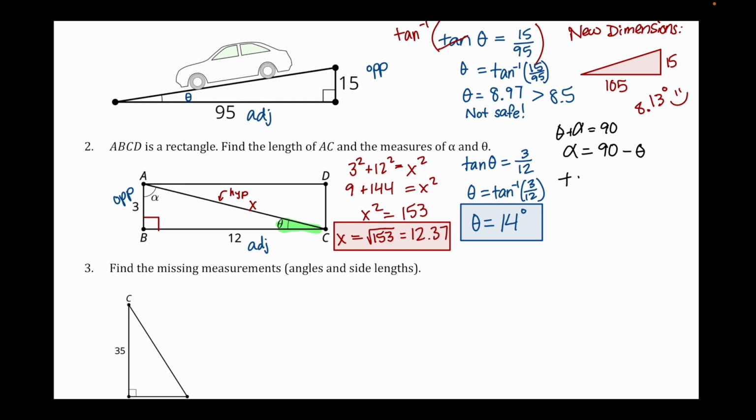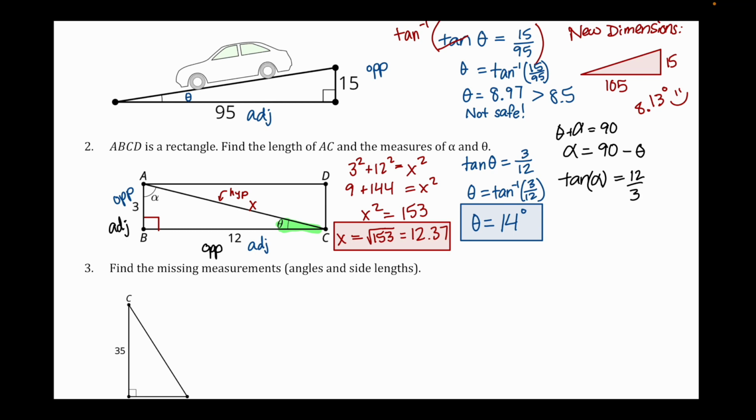So we would say tangent of alpha. I'm so bad at drawing this one. Tangent of alpha is equal to, now the opposite and adjacent are going to change. So that means that this now is going to be opposite and this one's going to be adjacent. So that means we're going to have 12 over 3.